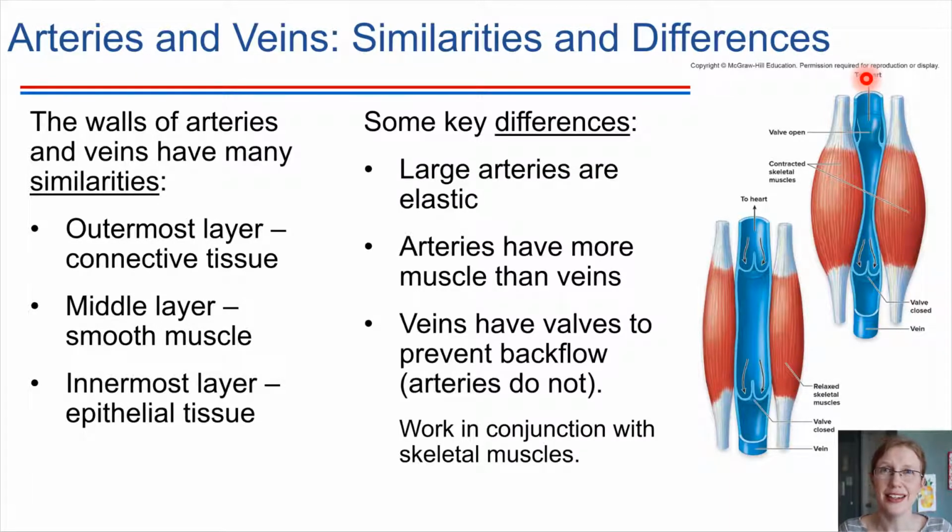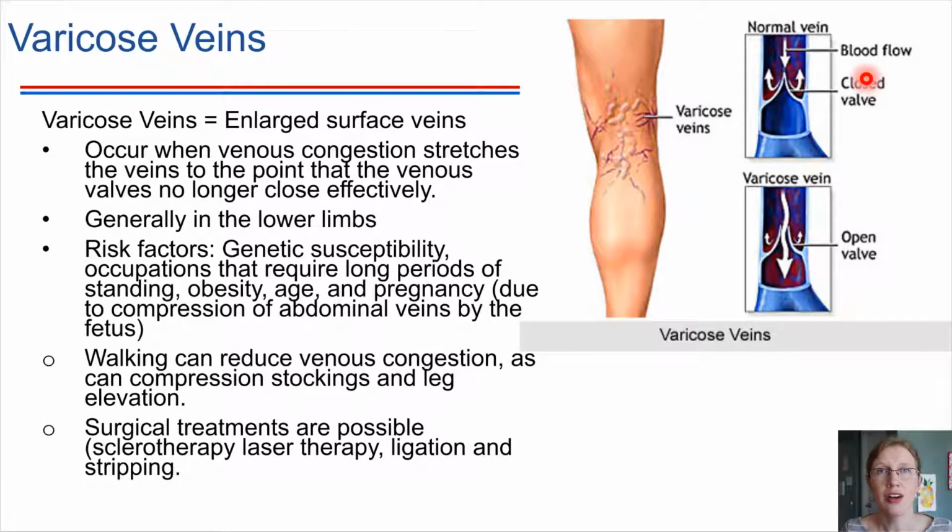And this leads us into a discussion of some of the problems that can come up with blood vessels. First on the list is going to tie right in with these little valves. Varicose veins. Okay, varicose veins happen when a vein gets stretched too much to the point where the valves can no longer close off the flow of blood in one direction.